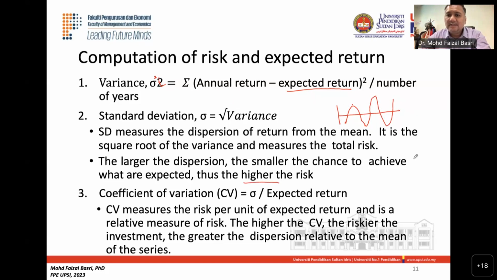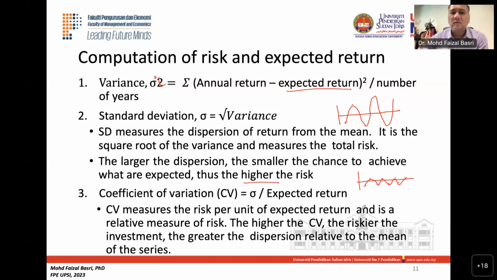But alternatively, if you have another type of investment that disperses very small and close to the average throughout the time, if you plot it, it will be very minimal fluctuations, for example, like this. This is what we call a lower dispersion.